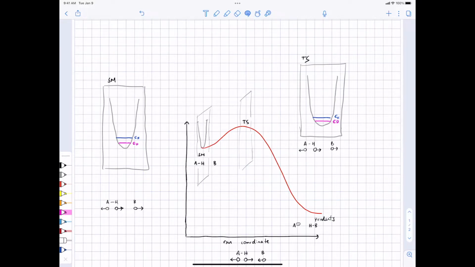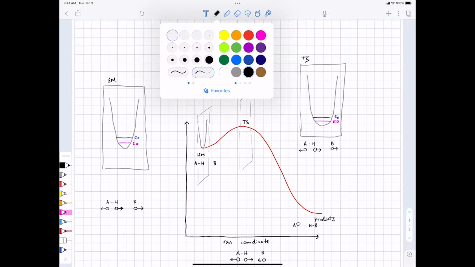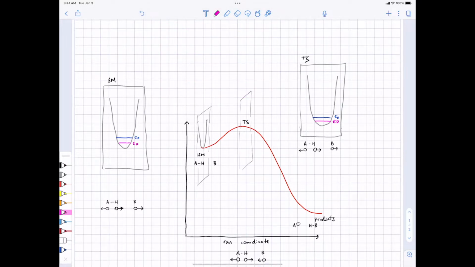Okay, so now I'm going to draw a dotted line here that reflects the vibrational energy level of deuterium in the starting material, and do a similar dotted line here, which is the zero point energy for deuterium in the transition state.